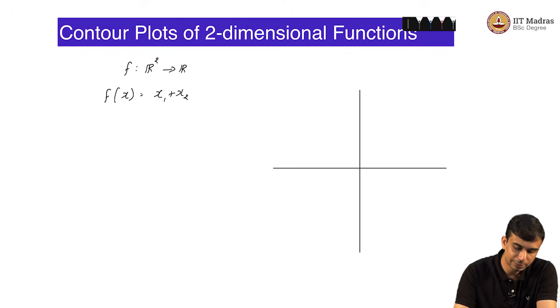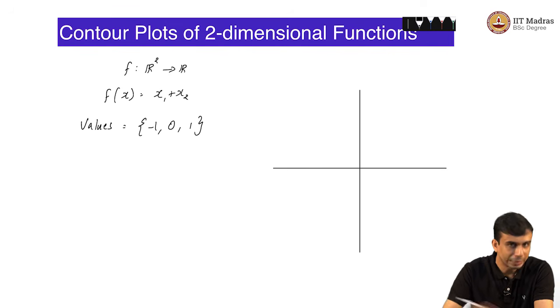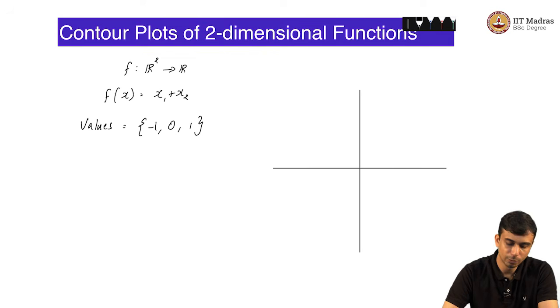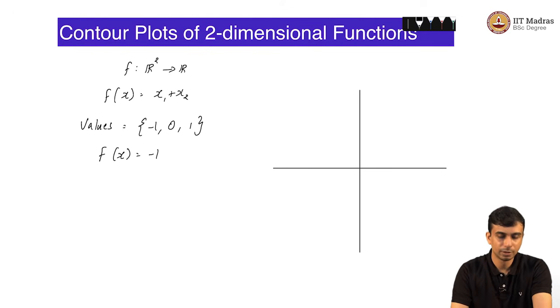For example, let us say -1, 0, 1. It can be more values also, but for now let us just say -1, 0, 1. What do we mean by that? We take the function f and we set f of x to be equal to -1.